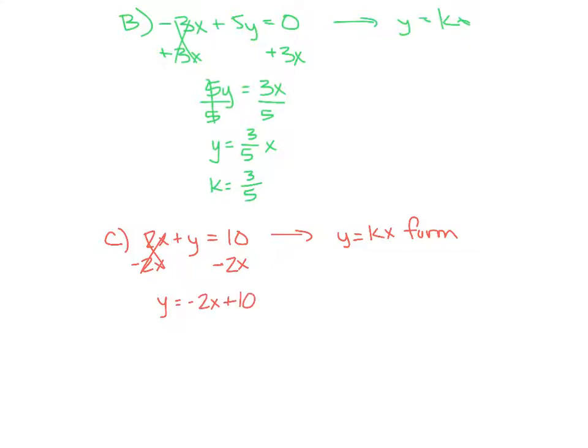Most would say k is negative 2, but since you have this extra term, it cannot be written in the form y equals kx. So this does not represent direct variation.